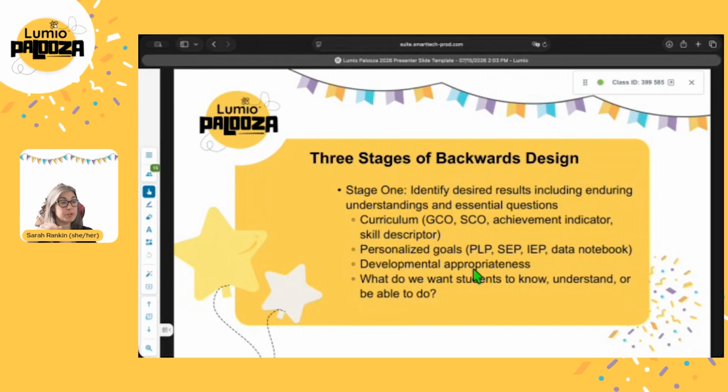So if it's developmentally appropriate for that third grader, great. You may have a third grader that this is not appropriate for just yet, but you can help them build the skills to get ready for it. And that's what we do in education. We help our students build skills. So we can't just say, well, they're not ready for it right now, so they'll never be ready for it. They're not ready for it now. What can I do to get them to the point?